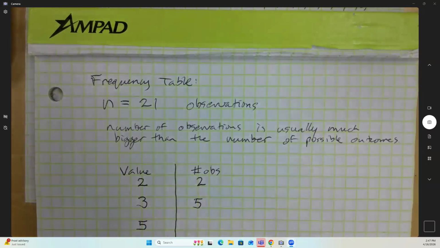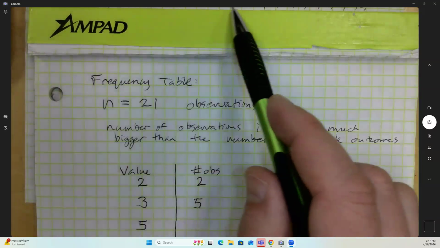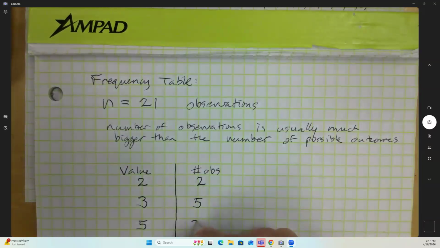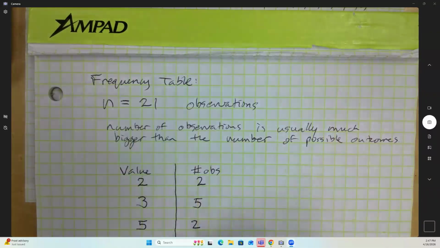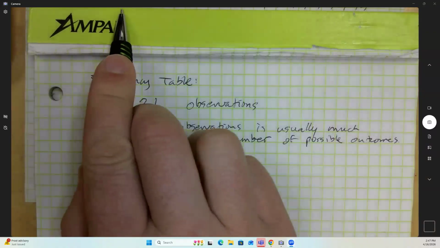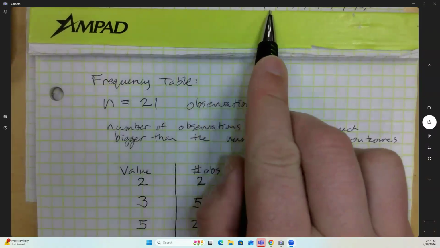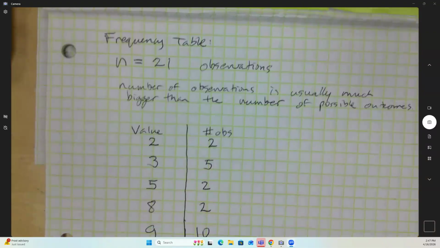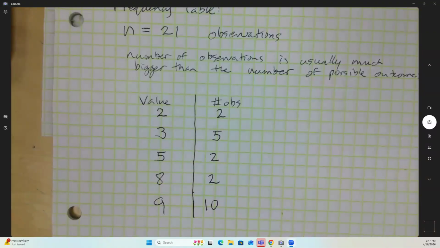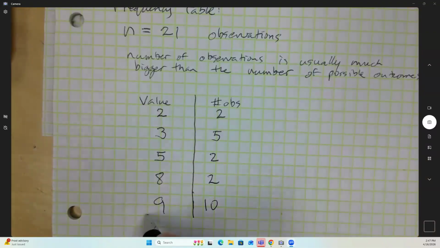And you can't see the raw data anymore, but that's okay, I can. That was drawn twice. And then there was an 8 that was drawn also twice. And then the 9, I count 10. Add those all up. Total observations, 21. Good.